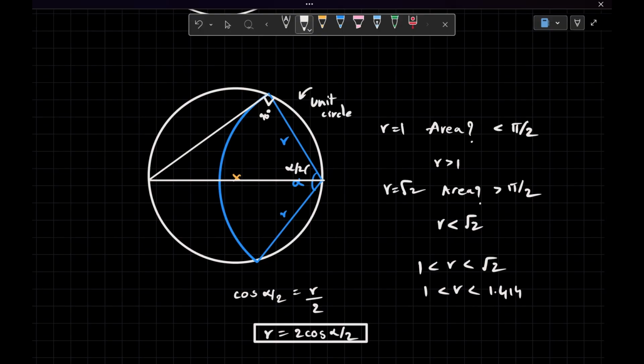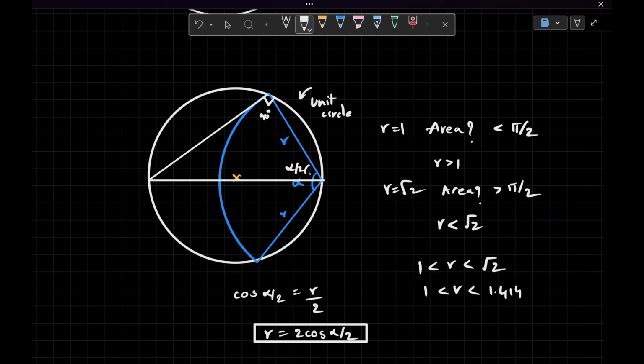One more thing that I want to tell is, just like you have given the limits to r, you can also give limits to alpha. If r is equal to 1, this blue color circle will pass through the center, and what could be the value of alpha? Try this thing.